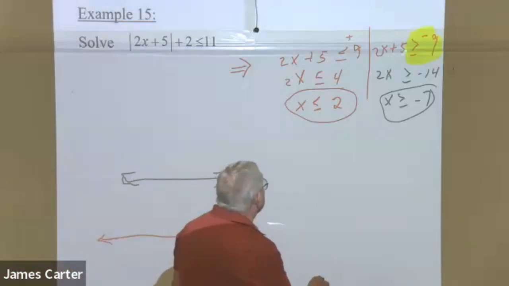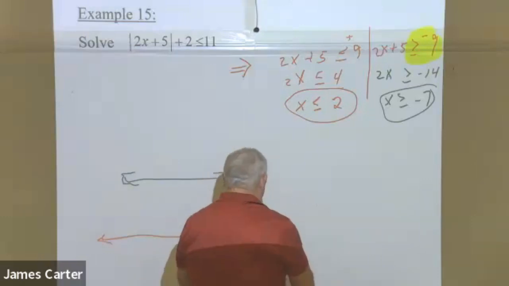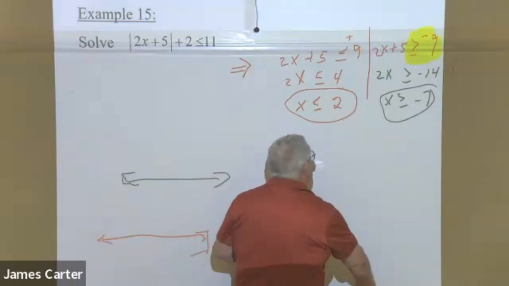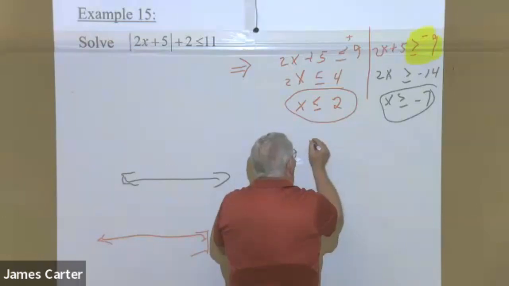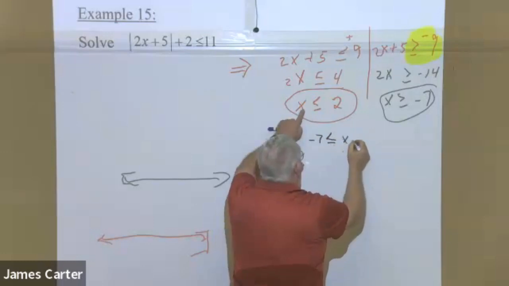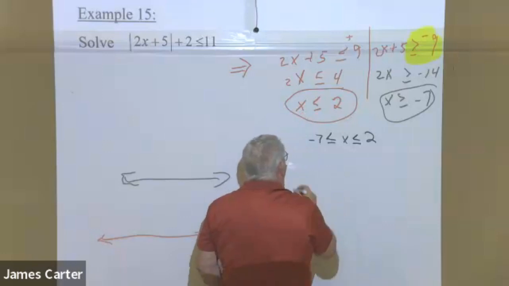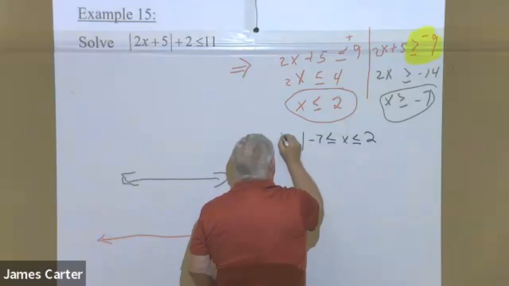Here, subtract 5 on both sides, I get -14, divide by 2, I get -7. Now I could rearrange this as -7 less than or equal to x less than or equal to 2 for my set statement.